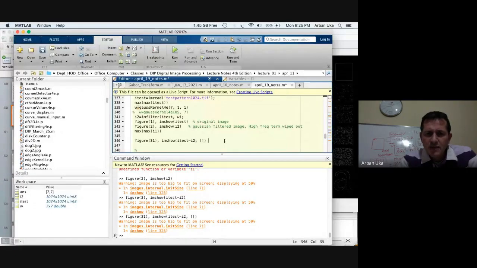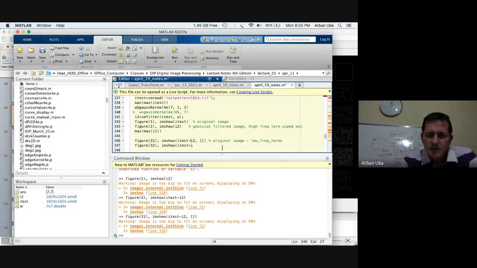And here we have the original image minus the low frequency terms, because the high frequency terms are wiped out. But now what we can do is the following. We can improve the quality of the original image by increasing the contrast, by having here figure 32, imshow of the original image, which is I test plus, wait a second.